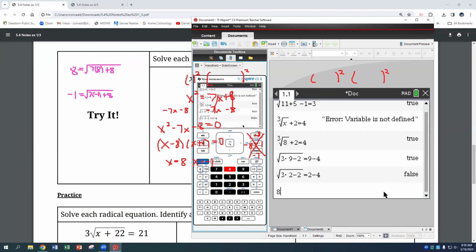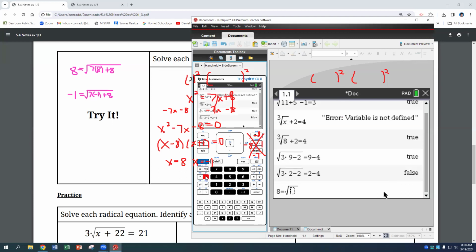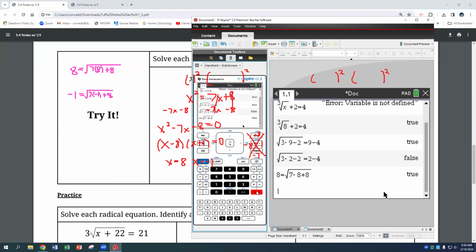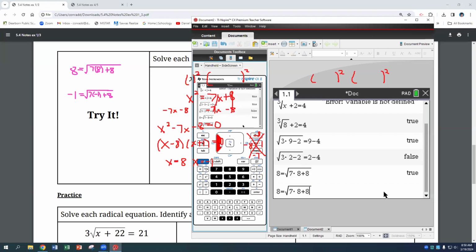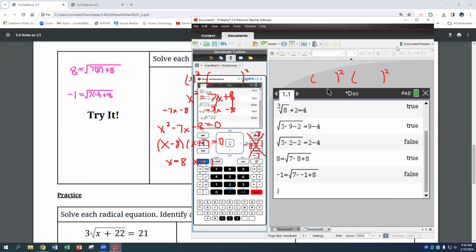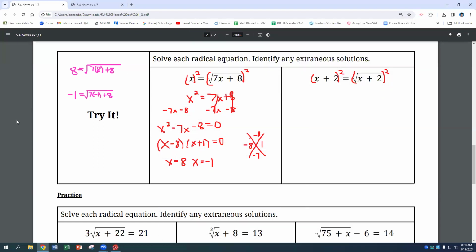So 8 equals square root of 7 times 8 plus 8. That's true. So that solution 8 is going to work. Let me try -1. So I'll put a -1 in here and a -1 here, and I get false. So the -1 is extraneous, and my only solution is x equals 8.